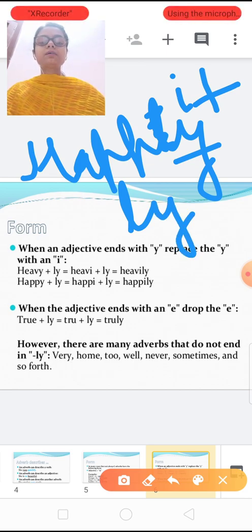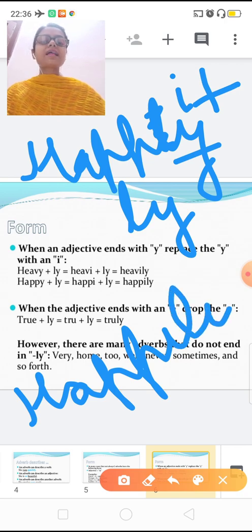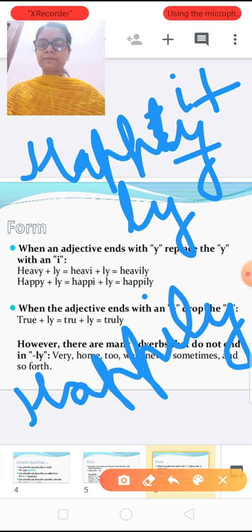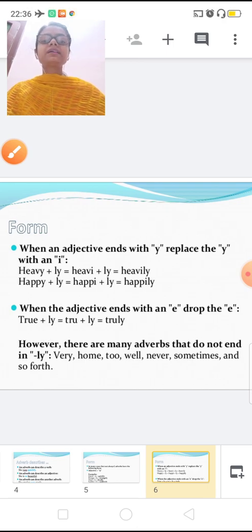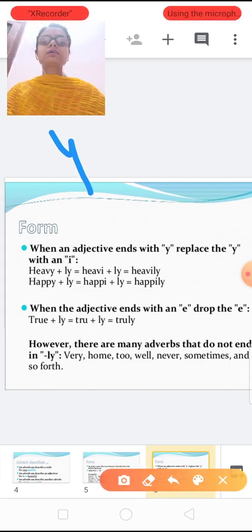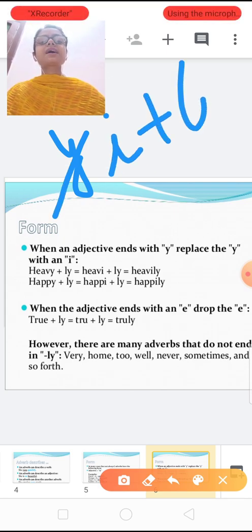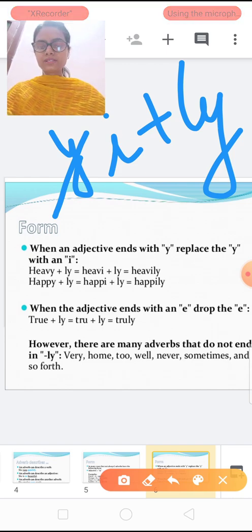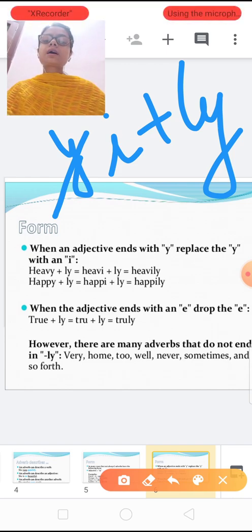So it becomes HAPPILY, happily. Remember, when anything is ending with Y, you have to remove that Y and write I. Then afterwards add LY. This is another way to make an adverb by using an adjective.